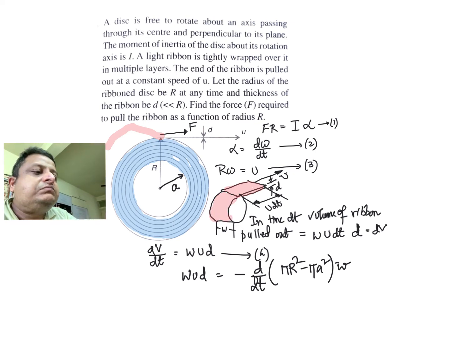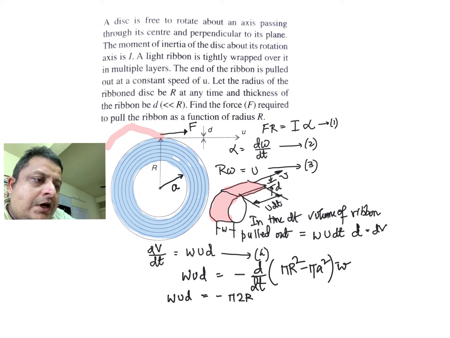So what does that come out to? w times u times d is equal to minus pi 2r dr by dt. That is equation 5.